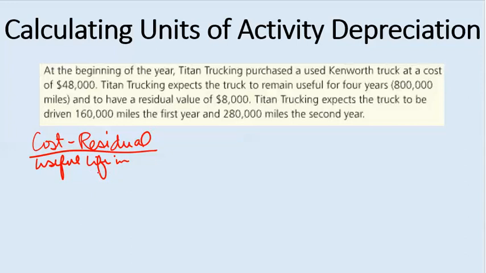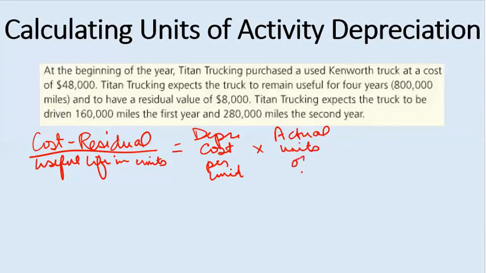A lot of tractors and other kinds of equipment use hours. And then that will give us our depreciable cost per unit, which we then multiply by the actual units of activity to get our depreciation expense for that particular year.